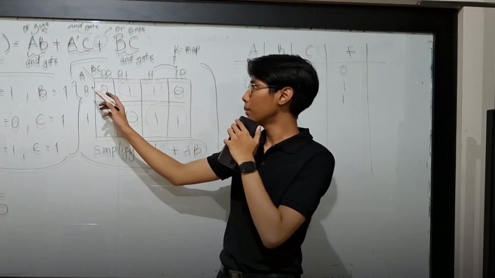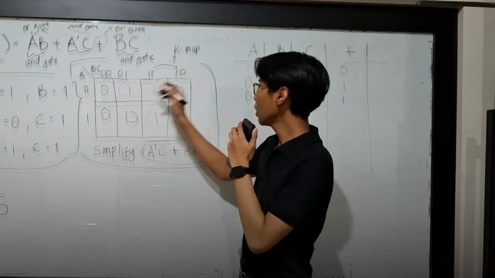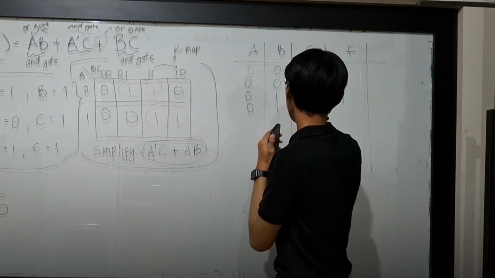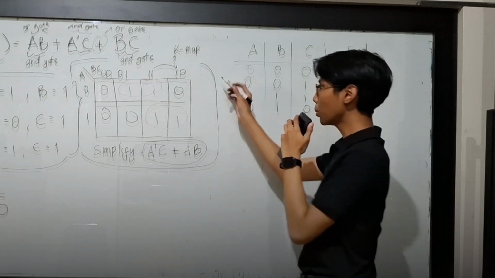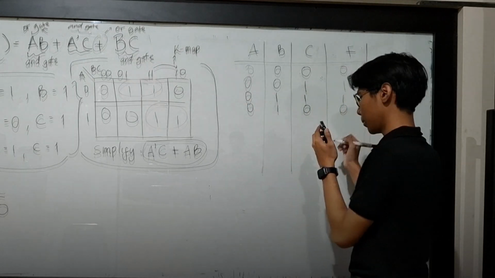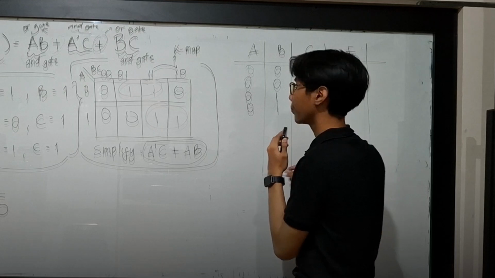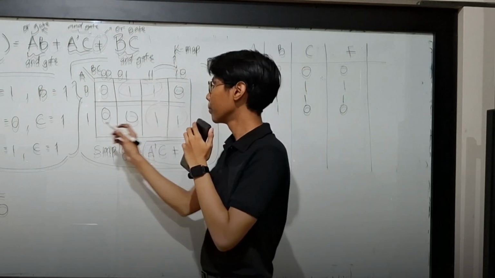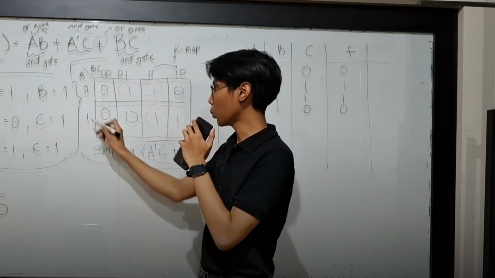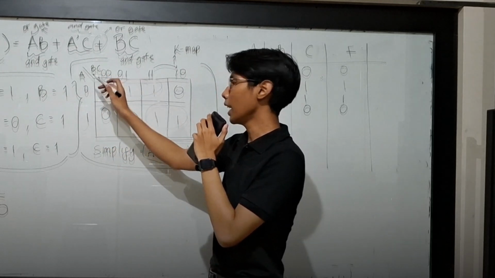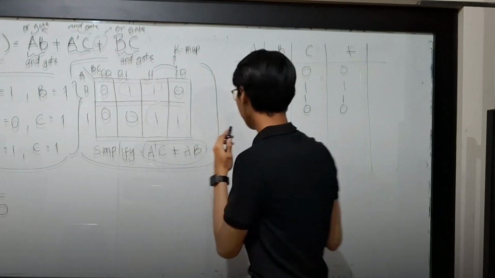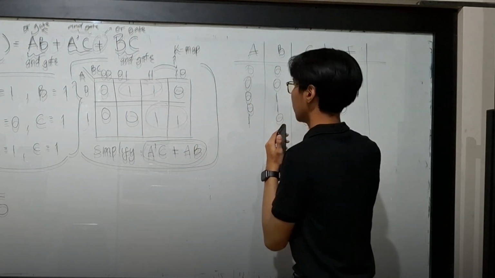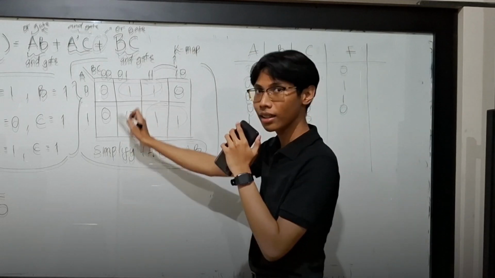Okay, next, A 0, B 1, and C 0: 0, 1, 0, and the output is 0. Next, in block 2, A equals 1, B and C equal 0: 1, 0, 0, and the output is 0.